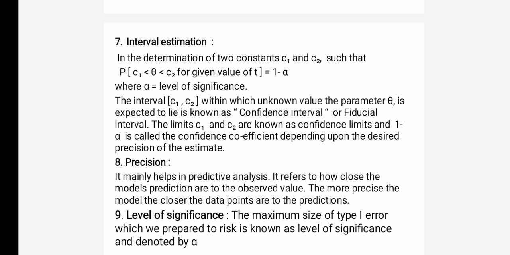You estimate that certainly the crop yield is 25, the result lies in this range, that is confidence. So 1 minus alpha is the confidence level, and alpha is the level of significance.